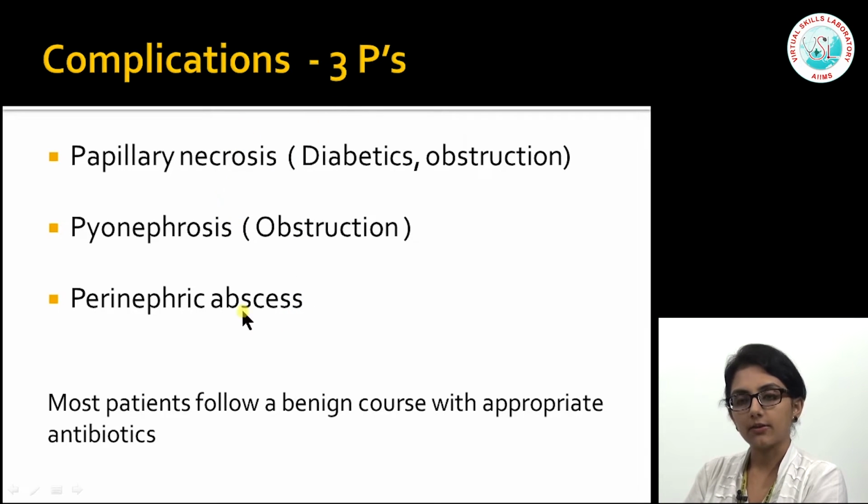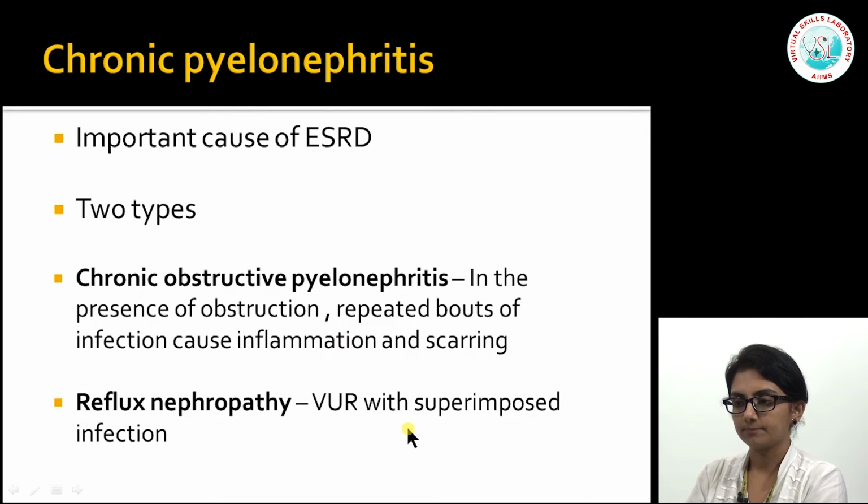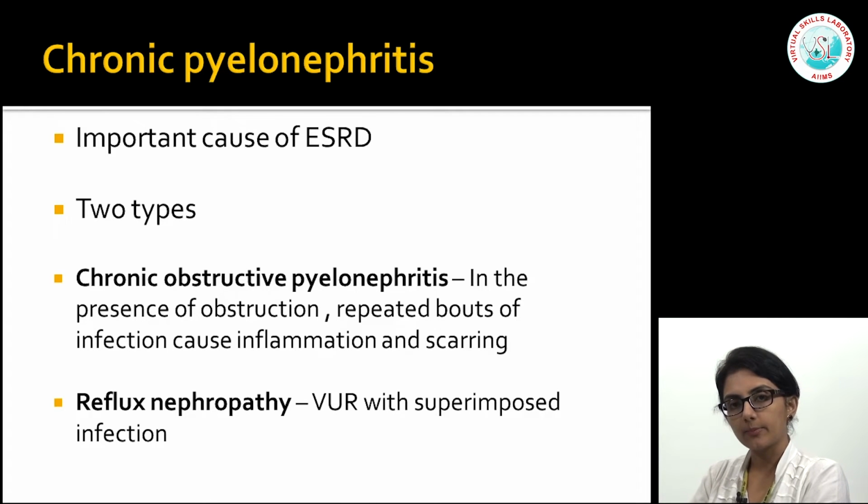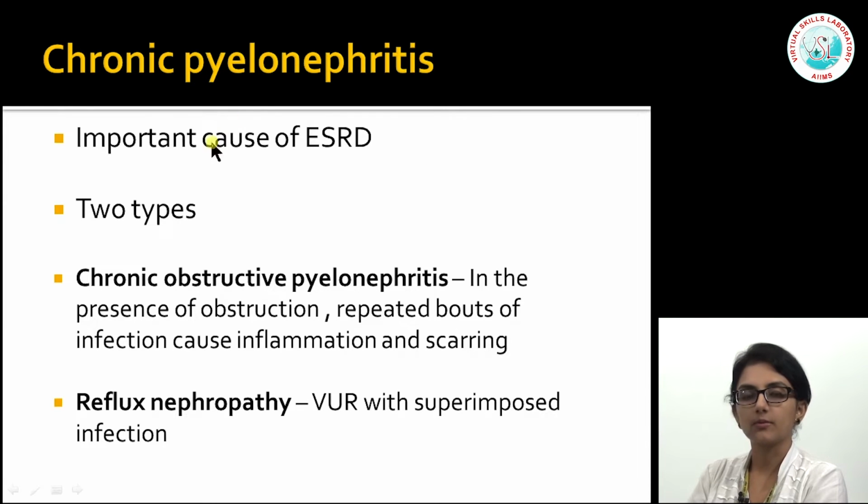But these are relatively rare, and most patients with pyelonephritis will follow a relatively benign course as long as they receive appropriate antibiotics. If a patient, however, has repeated episodes of acute pyelonephritis, there will be the onset of chronicity, and you can get a chronic pyelonephritis, which is an important cause of end-stage renal disease. Now, the 2 types really of chronic pyelonephritis.